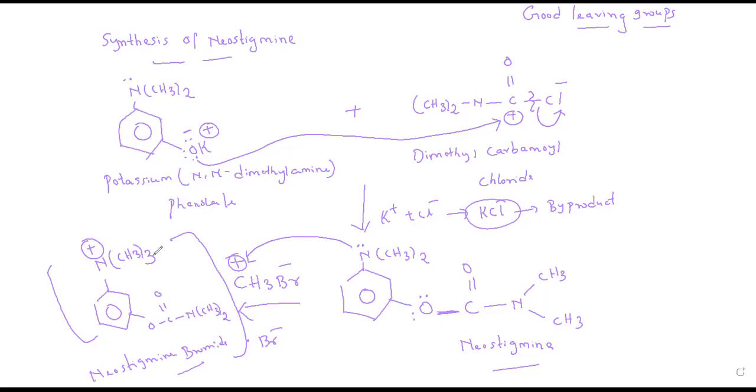So you will get one extra methyl group here to form N(CH3) taken thrice, and nitrogen will get a positive charge. Okay, and this bromine will be added towards your neostigmine to form neostigmine bromide. Okay, so this is about your synthesis of neostigmine and important therapeutic indications of neostigmine.